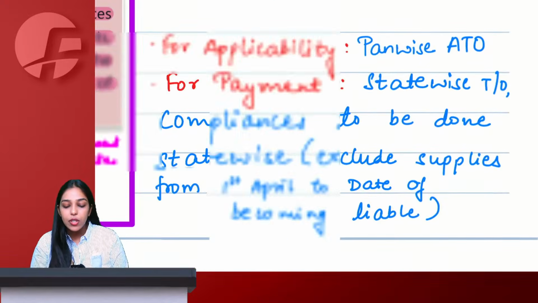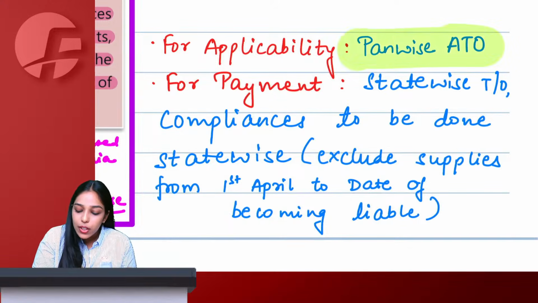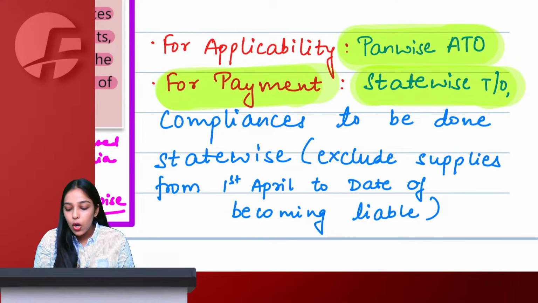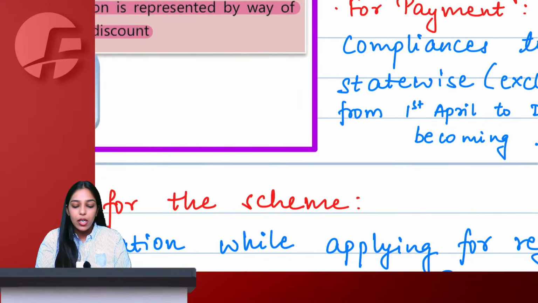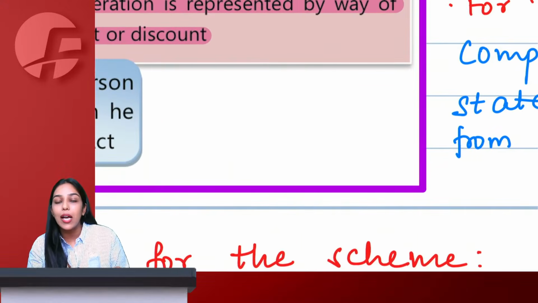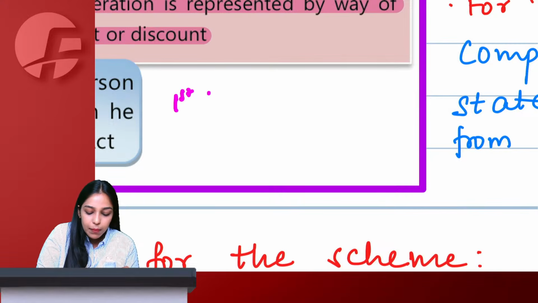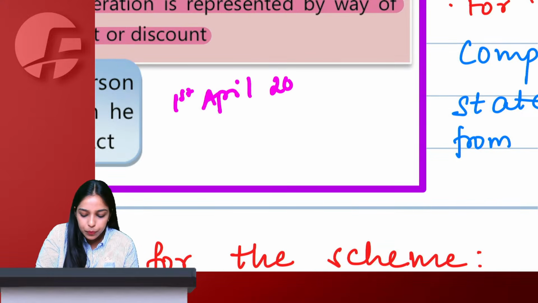So to check whether you are eligible or not, you will check your PAN-wise aggregate turnover. But while making payment, you will check your state-wise aggregate turnover. And from the day on which you actually become liable as a composition dealer, from that date only you have to make these kinds of payments. Let's say I started my business on 1st April 2024.